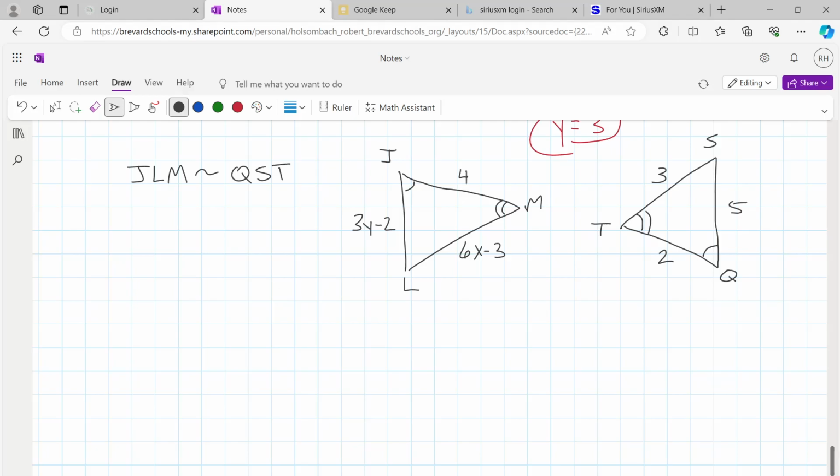All right, so we have to solve for x first, and then we have to solve for y. So I'm looking at this 6x minus 3. And that is side LM. And side LM is right here.